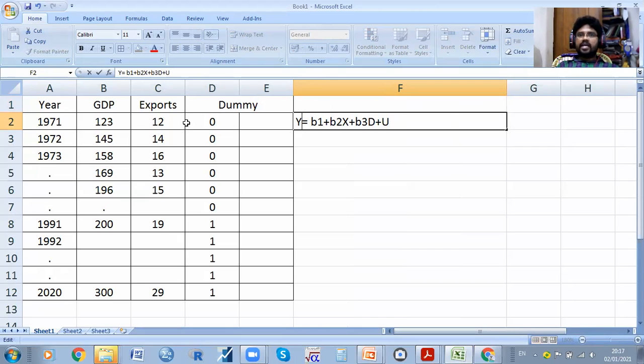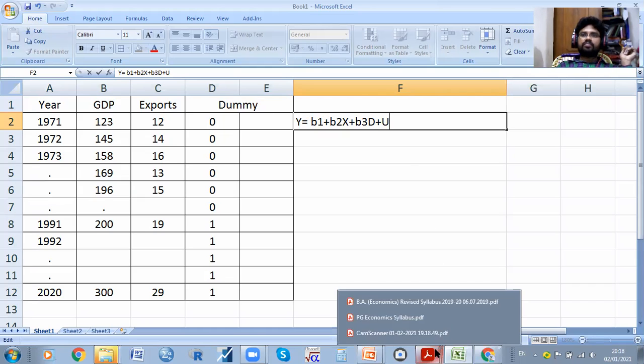Y, the GDP, is a function of beta 1, which is the constant or intercept value, plus beta 2, the slope of exports, and beta 3, the slope of the dummy variable, which shows whether the particular dummy has an impact on GDP or not. That is, we can take into account the impact of liberalization on GDP.